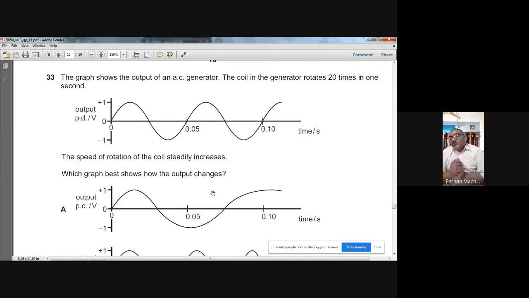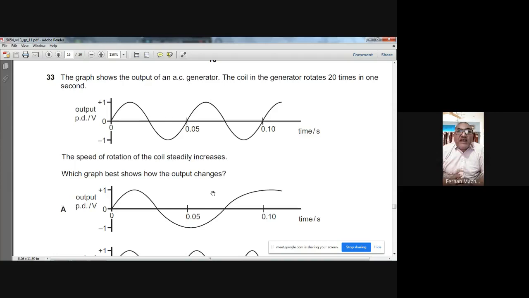When this happens, two things will happen. One, gradually the speed increases, so gradually the amplitude of this graph will also increase. The amplitude is from the mean position, how high you go or how low you go. When you gradually increase the speed of the coil, gradually the amplitude will increase.